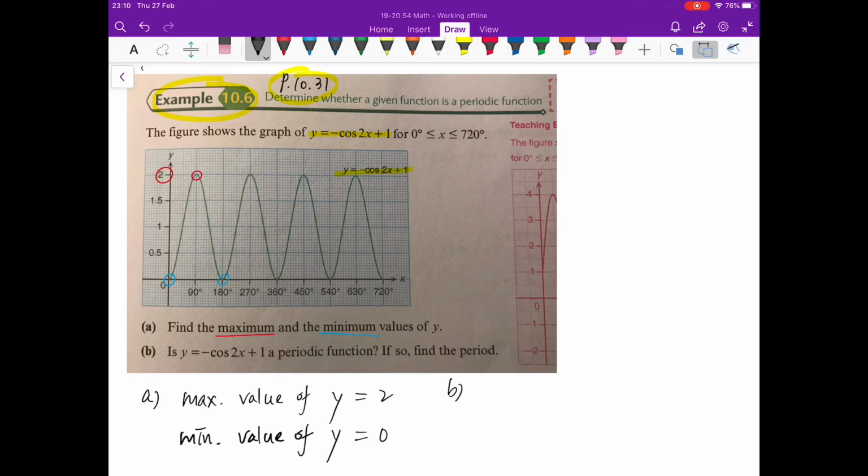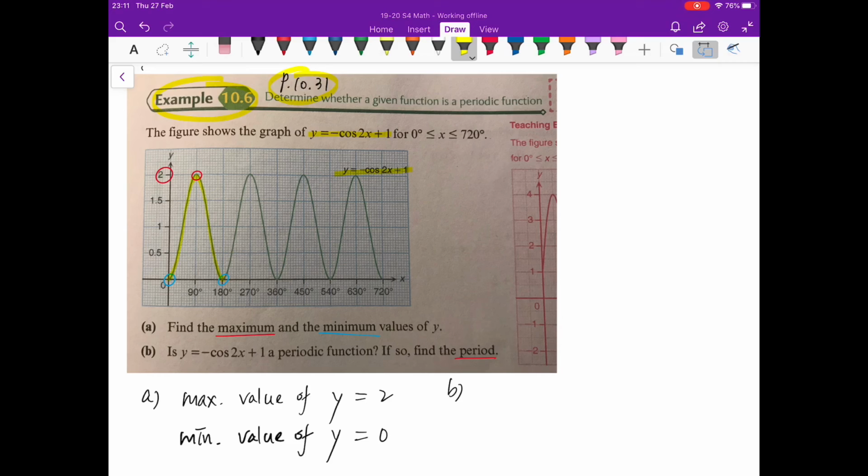And then for part B, it asks you to find the period. So what does it mean by period? Period is the degree for the graph to repeat itself. I will use a color to demonstrate to you. So starting from 0 degree, the graph goes up, until 180 degree.